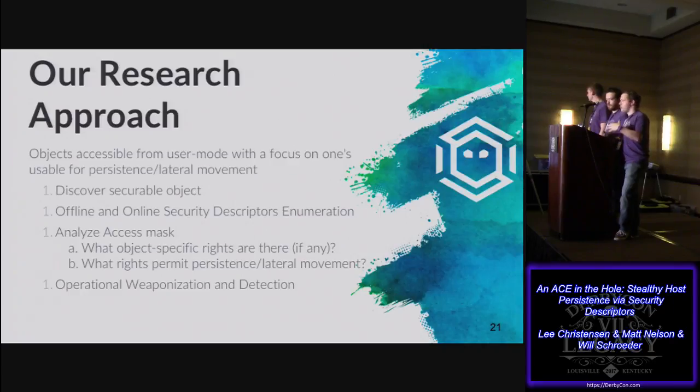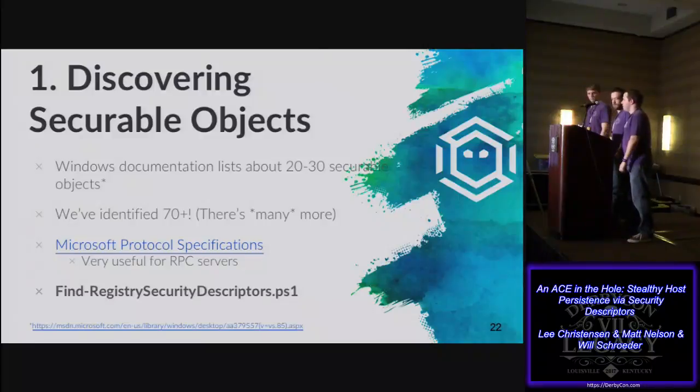And then we need to identify what rights each of those objects have, so the access mask on each ACE. What rights are specific to each object, and which of those rights can we use for persistence or lateral movement. And then as a follow-on to that, creating some code to weaponize that operationally, for offense and for defense.